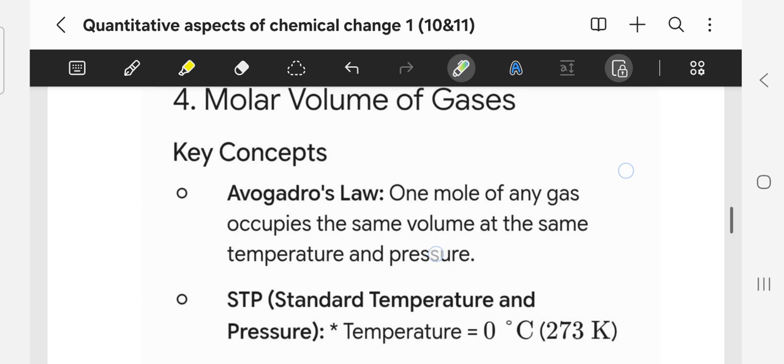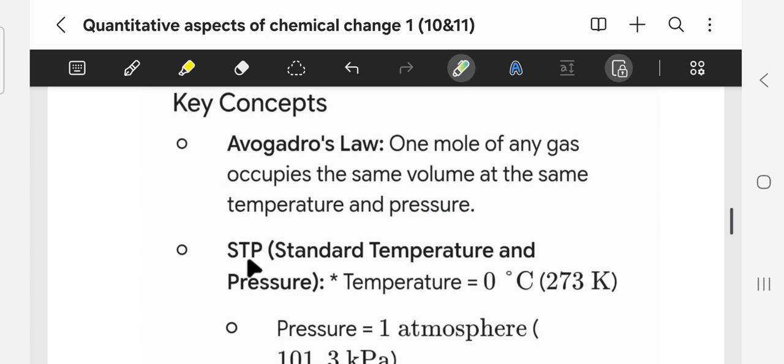And there's this thing we call STP, which has to do with this law, because the law tells us that any 1 mole of gas will occupy the same volume at the same temperature and pressure, and that means the situation would be under STP conditions. What does STP mean? It means standard temperature and pressure.